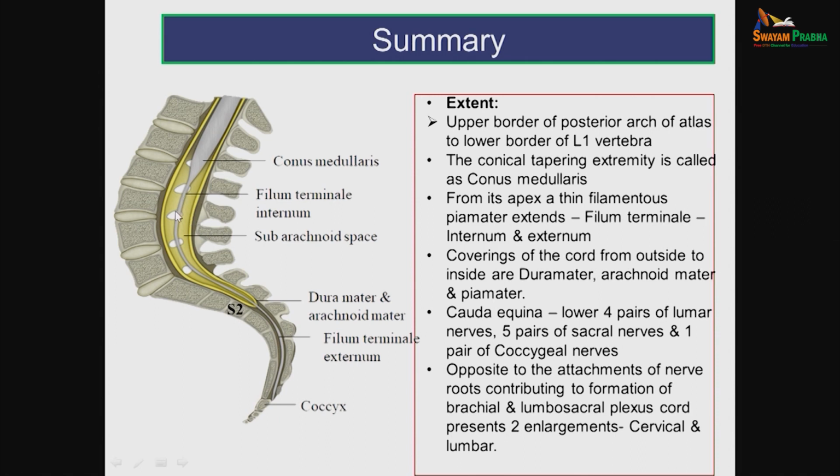The coverings of the cord, from outside to inside, are dura mater, arachnoid mater, and innermost the pia mater. Between the arachnoid mater and the pia mater is the subarachnoid space.